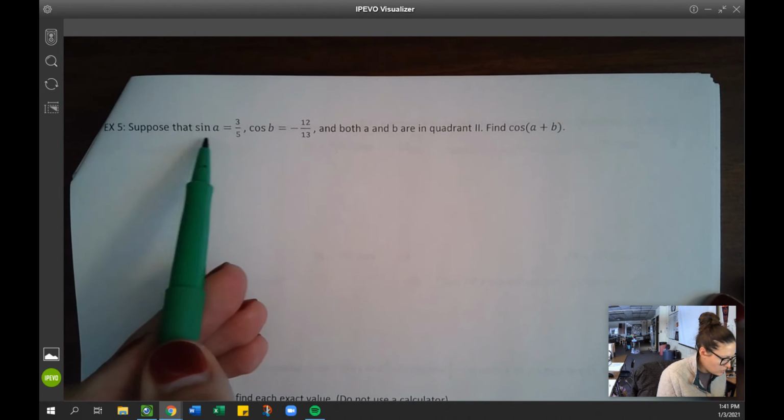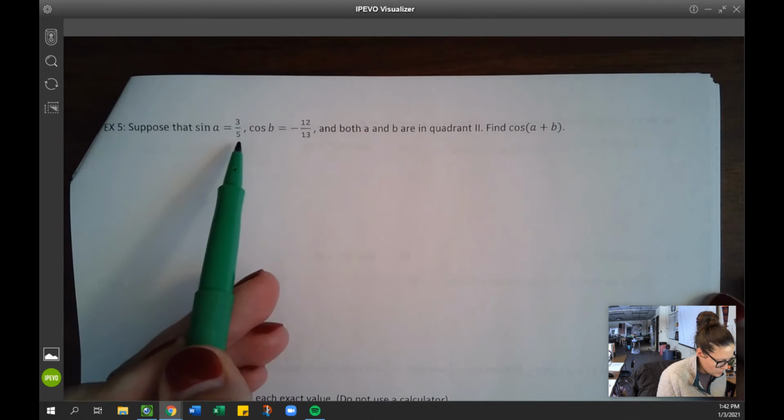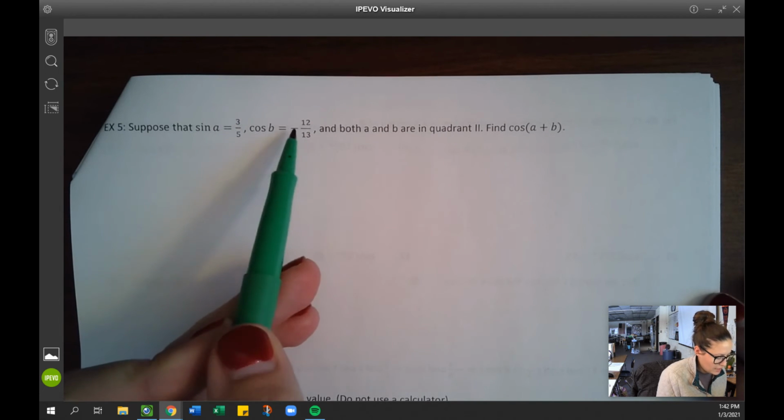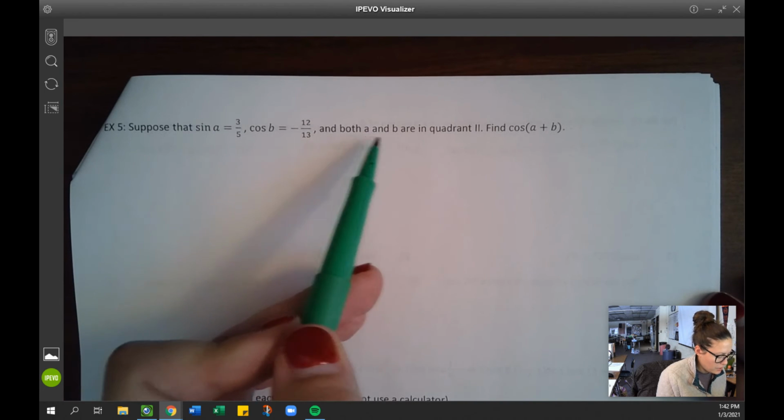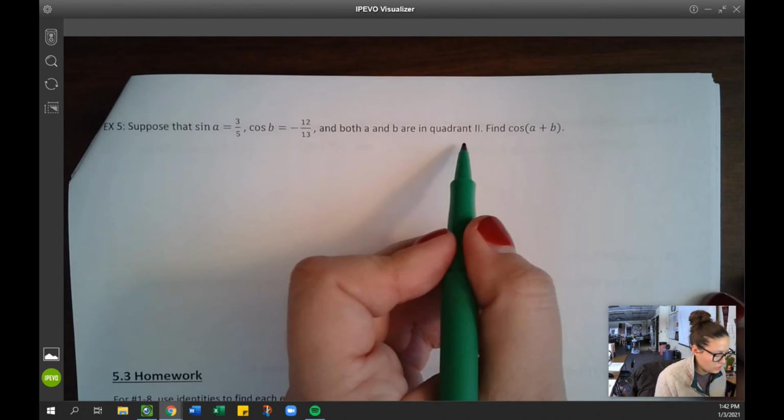All right, suppose that sine A equals 3/5 and cosine B equals -12/13, and both A and B are in quadrant 2.